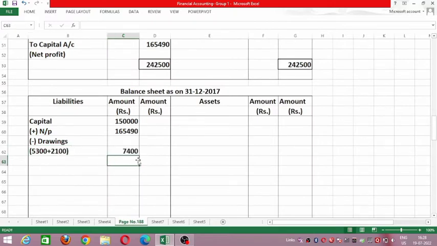So that is 7,400. Outer column 3,08,090 rupees.